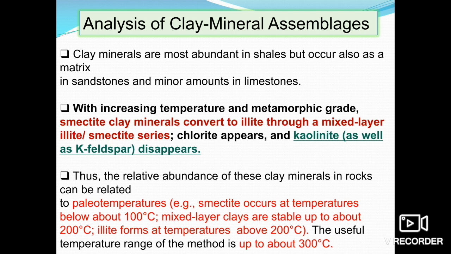And what happens during the process? With increasing temperature and metamorphic grade, smectite clay minerals convert to illite through a mixed layer illite-smectite series. During that series, chlorite appears, as well as kaolinite, while potassium feldspar disappears.